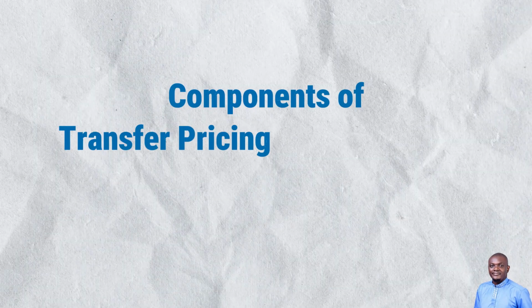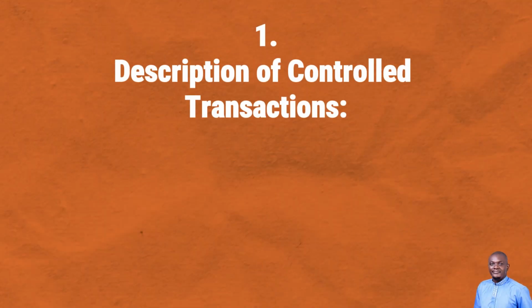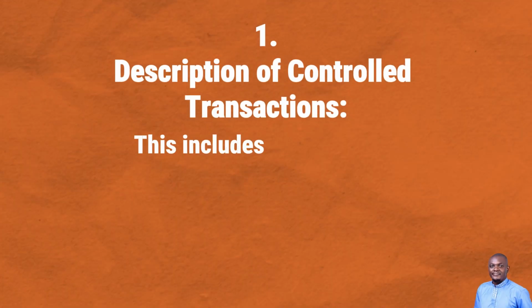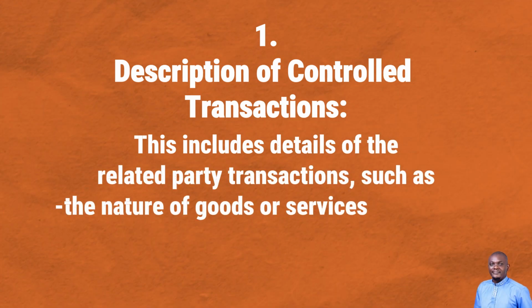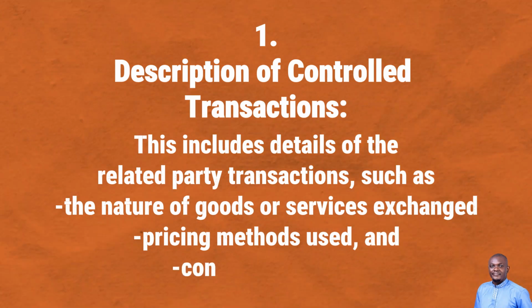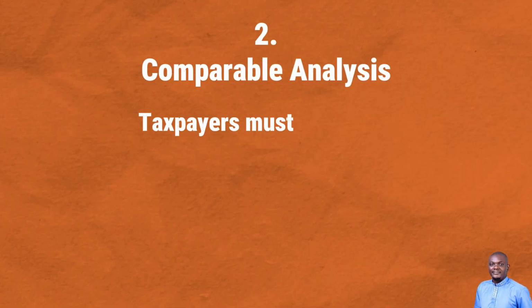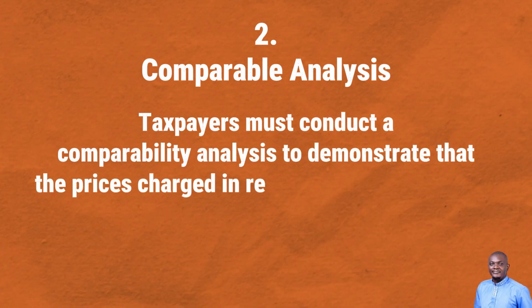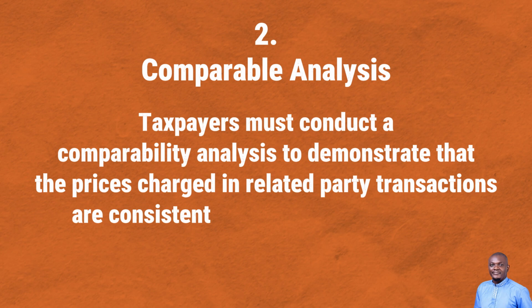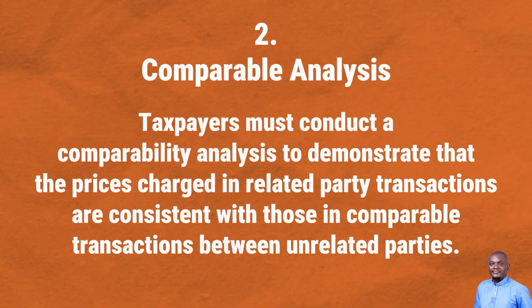The components of transfer pricing documentation are as follows. Description of controlled transactions. This includes details of the related party transaction, such as the nature of goods or services exchanged, pricing methods, and contractual terms. Comparable analysis. Taxpayers must conduct a comparability analysis to demonstrate that the prices charged in related party transactions are consistent with those in comparable transactions between unrelated parties.